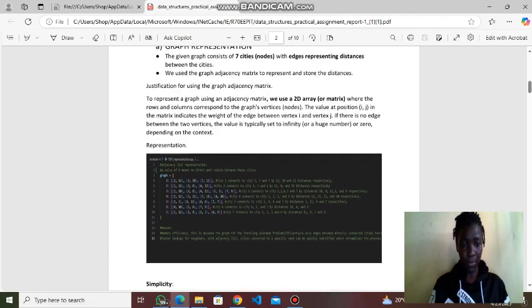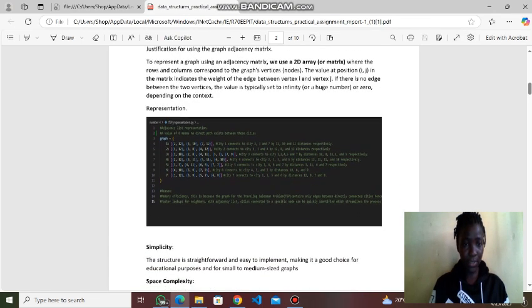In this adjacency representation, we have rows and columns to represent cities, and the cell values represent the distance between the cities. We can see from 1 up to 7, these are our cities.